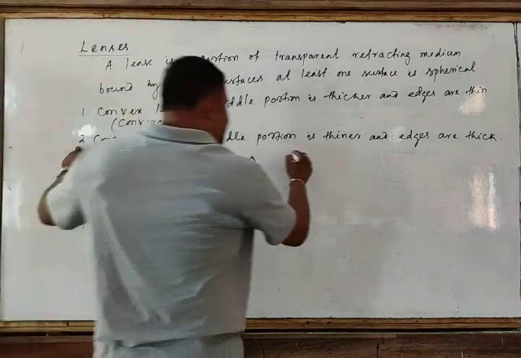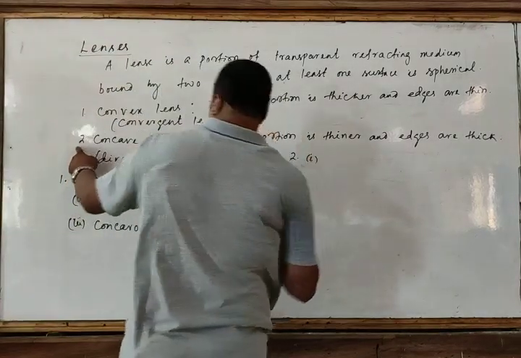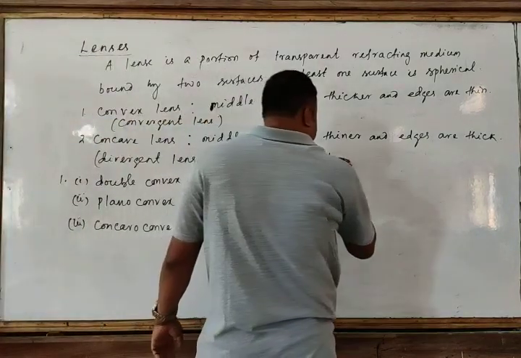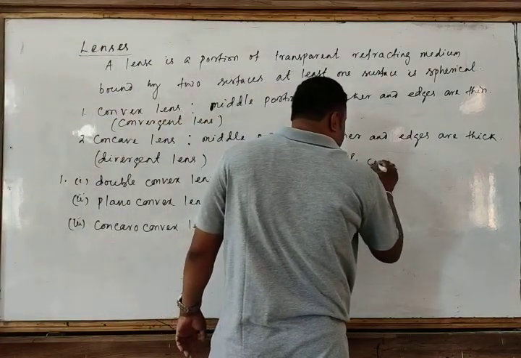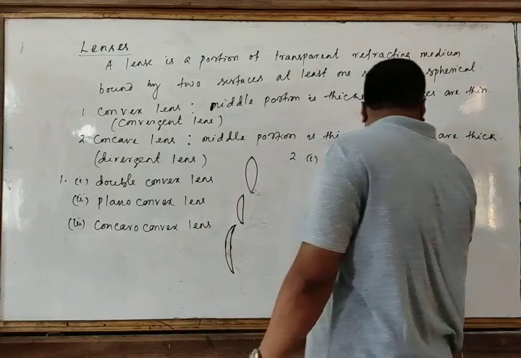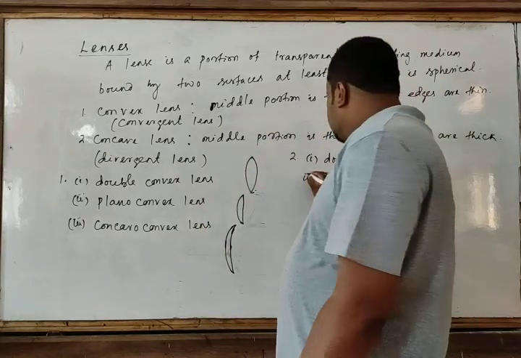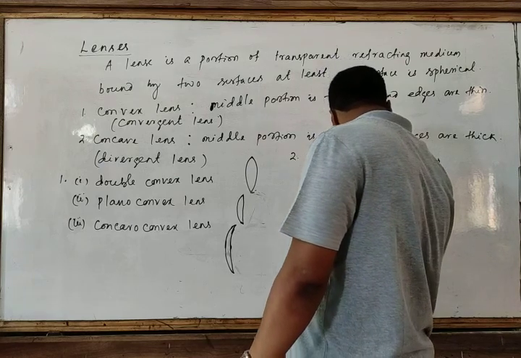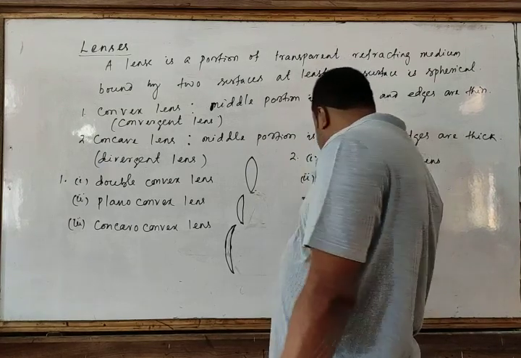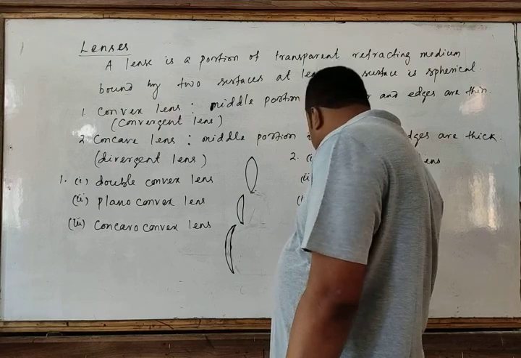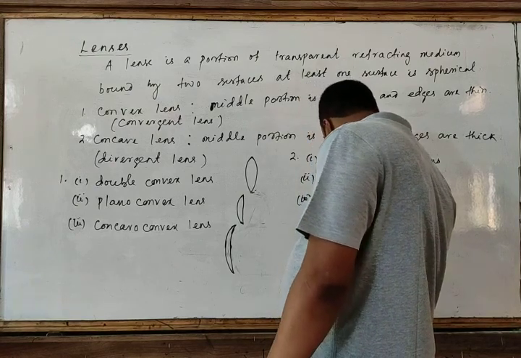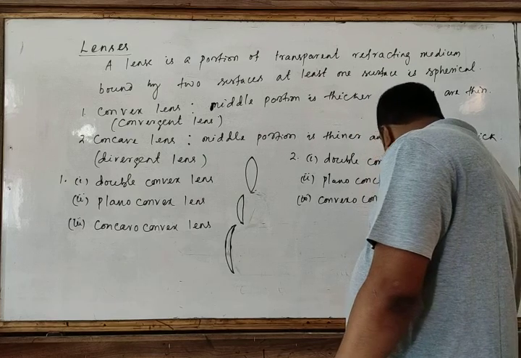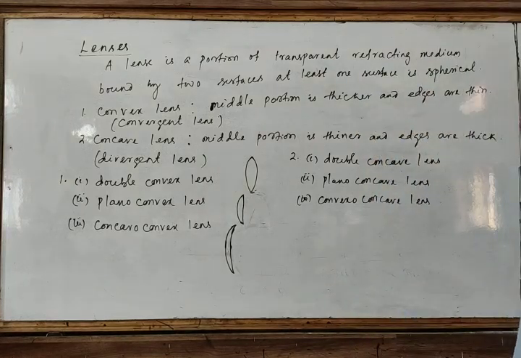Similarly, the concave lens may again be of three types. One is the double concave lens, next the plano concave lens, and number three is the convexo concave lens.